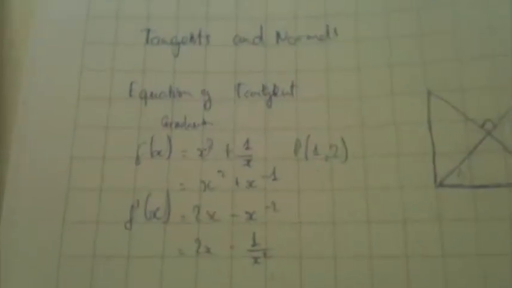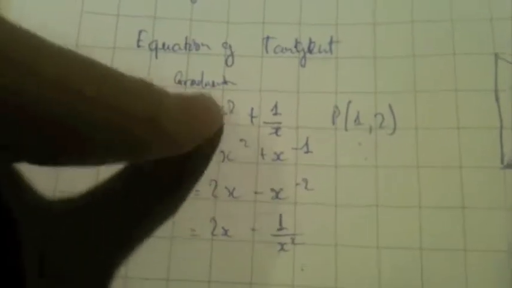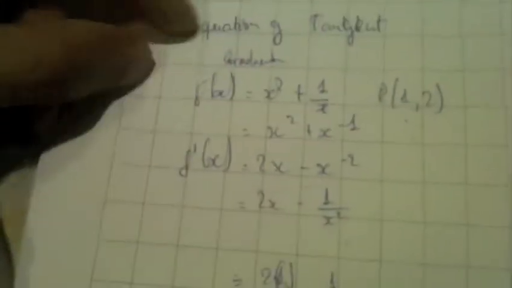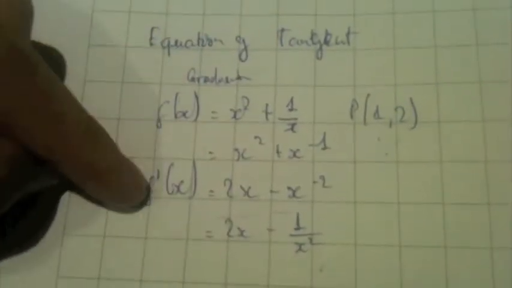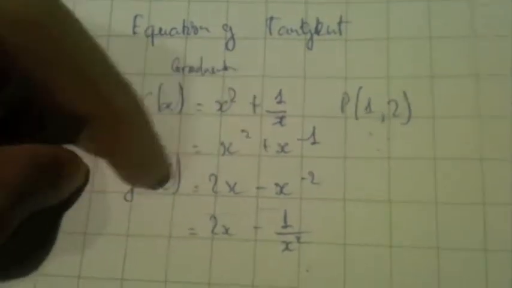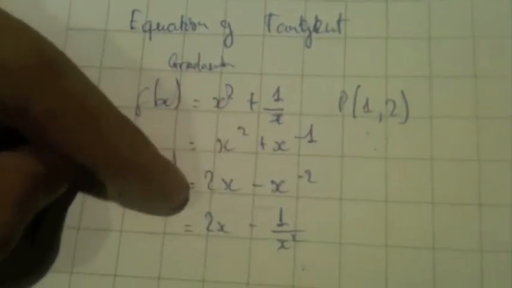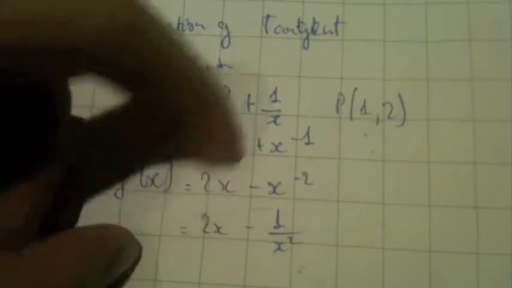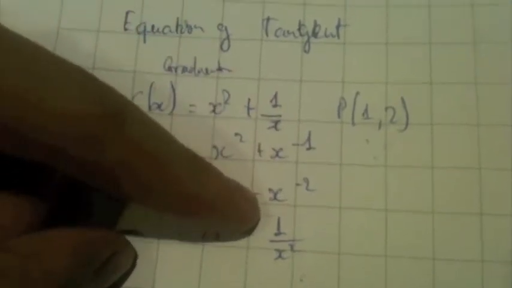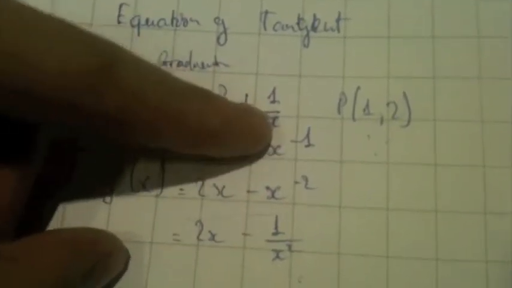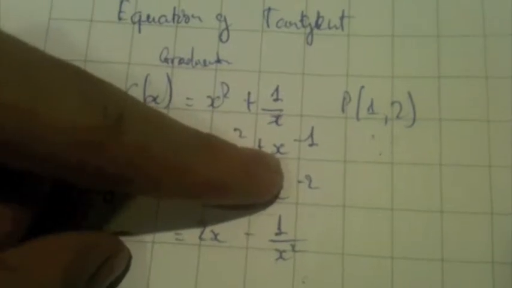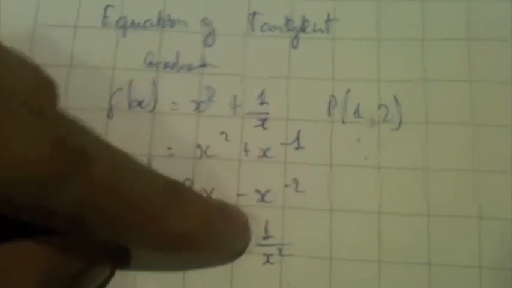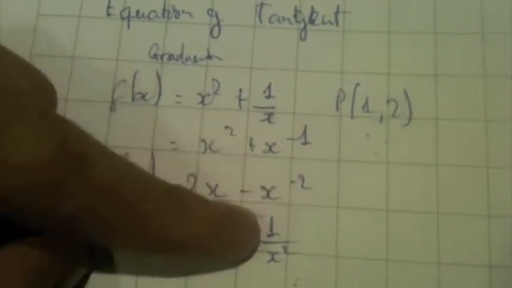How do you find the equation of the normal? Firstly, you want to find the equation of the tangent. And to find that, you find the gradient of the tangent by deriving the equation. Let's see, from that, I converted it into x to the power of minus 1. And minus 1 comes down there.